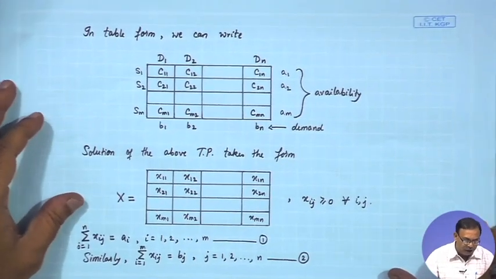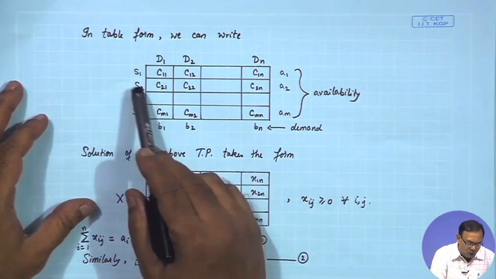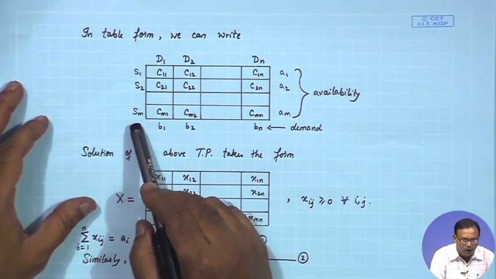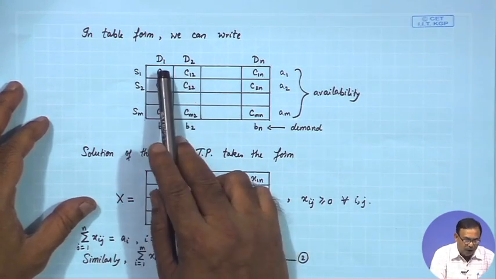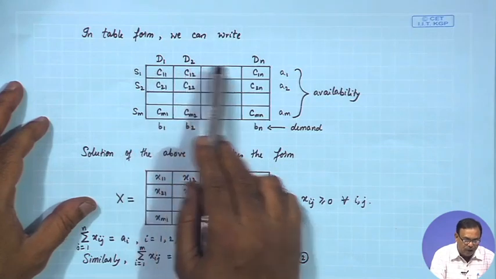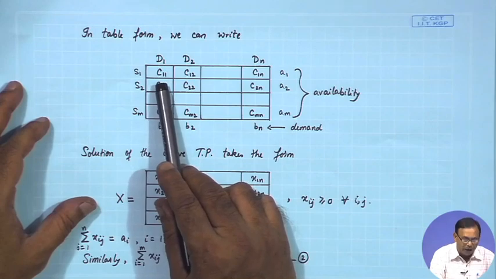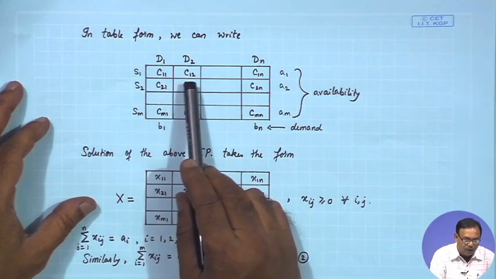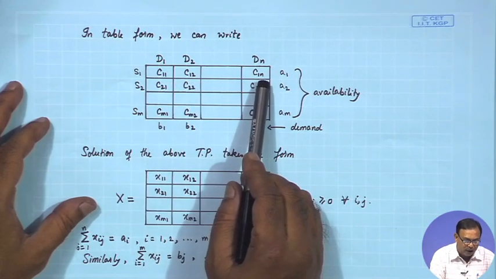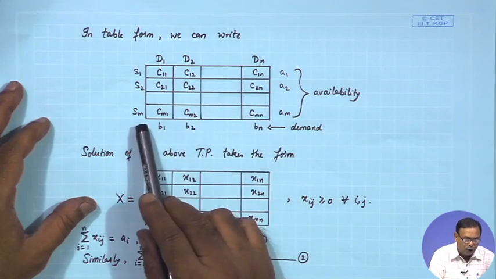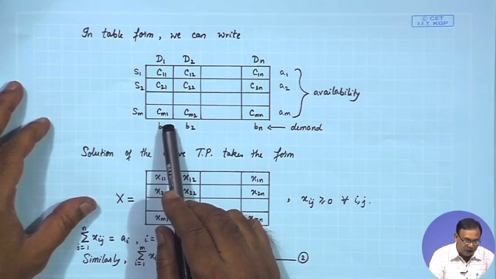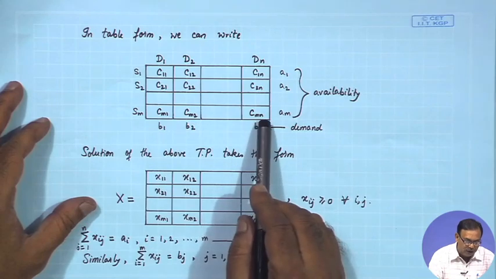In other words, we can write it in tabular form. We have m sources S 1 to S m, and n destinations D 1 to D n. The costs associated with them can be written as C 1 1, C 1 2, up to C 1 n in the first row, and in the mth row it will be C m 1, C m 2, up to C m n.